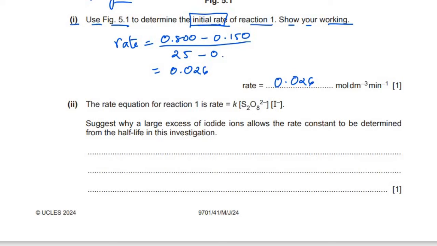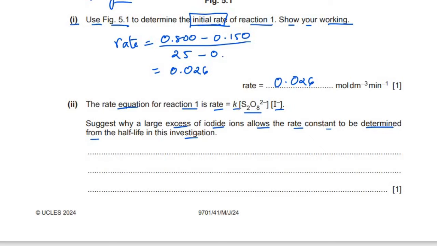Now the second part says the rate equation for reaction 1 is rate equals rate constant k into the concentration of persulfate ions into the concentration of iodide ions. Suggest why a large excess of iodide ions allows the rate constant to be determined from the half-life in this investigation.